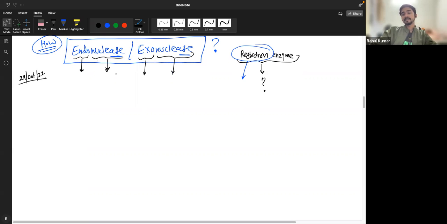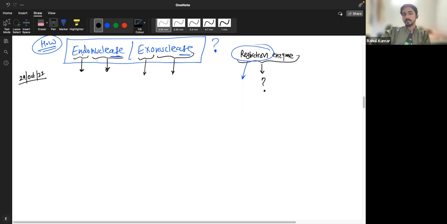They said that DNA is the genetic material, but no one truly believed them because their experiment was not done in a very clean mode. So people always had doubts. That's why Hershey and Chase had to come up with a brilliant experiment using radioactive sulfur and phosphorus. But you know that nucleases are the enzymes that digest nucleic acids, okay?